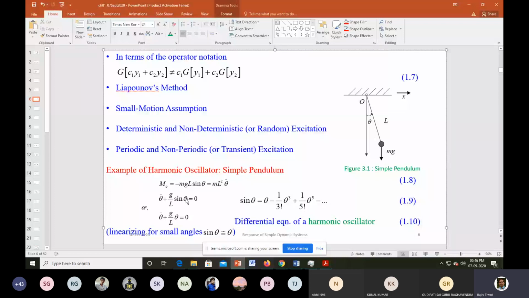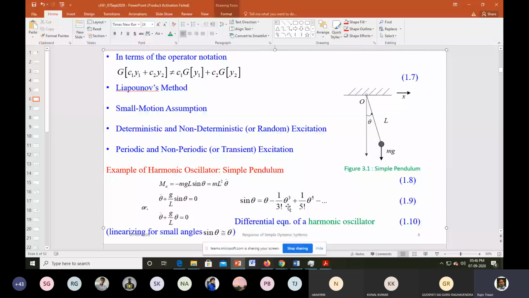So what we do is assume that the angle, the displacement we have given, is small. Then sine theta can be truncated. If theta is small, theta cube will be very small, because if you take 0.1 and cube it, it comes to 0.001. So it becomes further small.